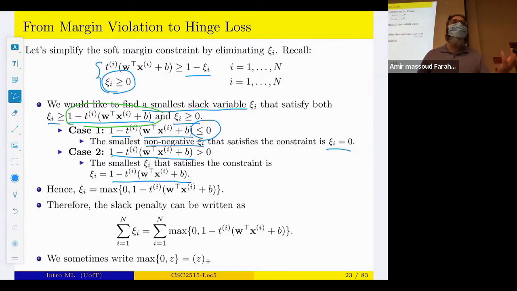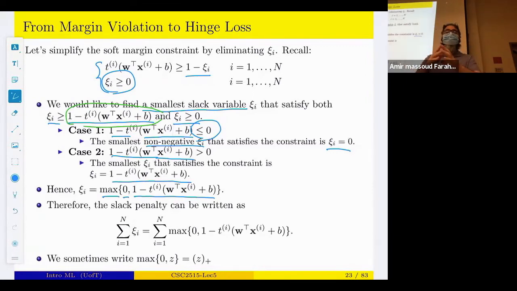Ci can never be negative, which in other words means that Ci is the maximum of 0 and 1 minus Ti times W transpose X plus B. Okay, so that's great. Now recall that we had this sum of slack variables in the objective.